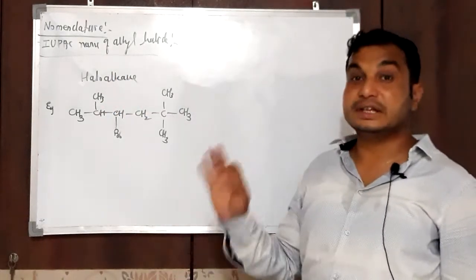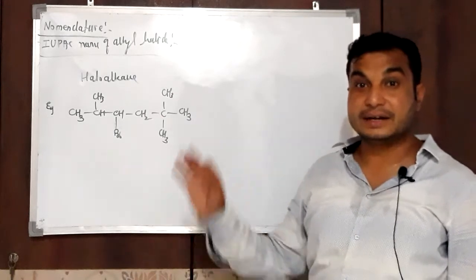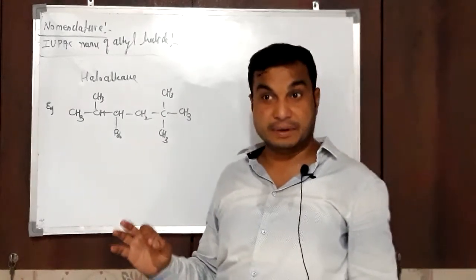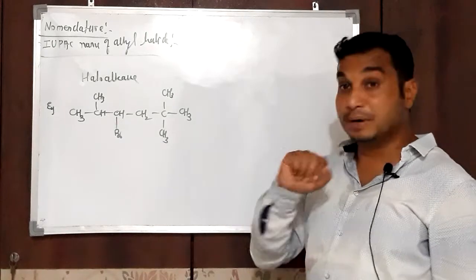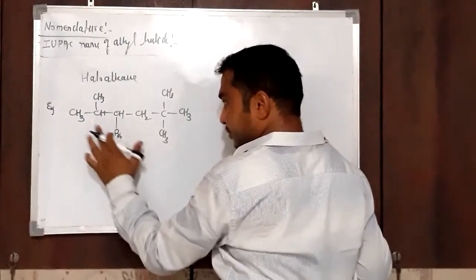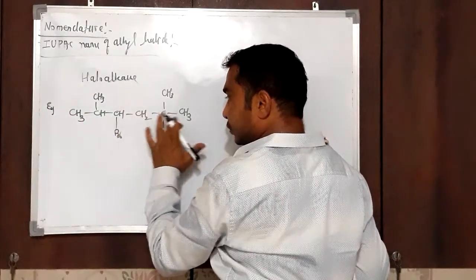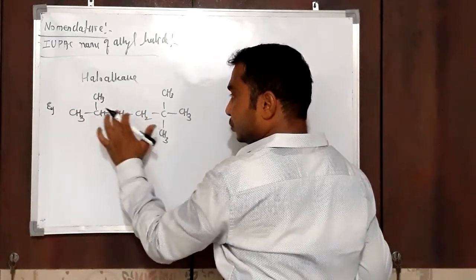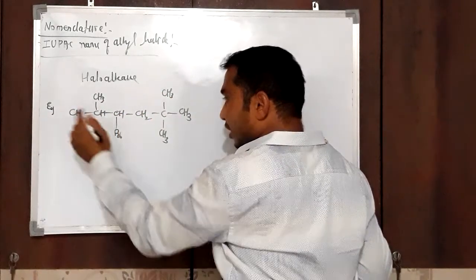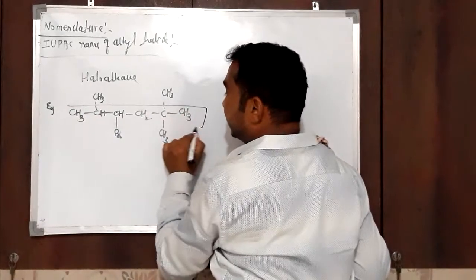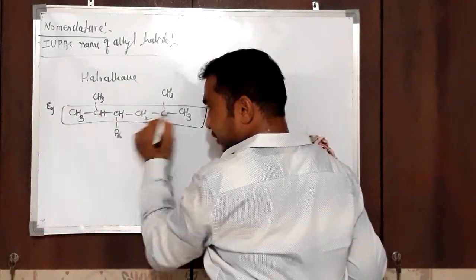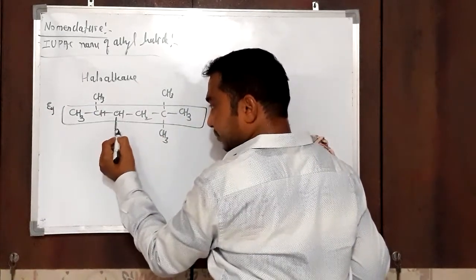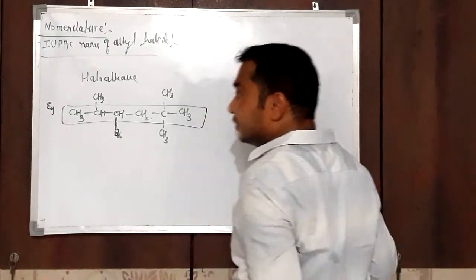Select the longest chain: 1, 2, 3, 4, 5, 6. The longest chain is of 6 carbon atoms like this, and that chain contains the halogen atom attached to one of its carbons.